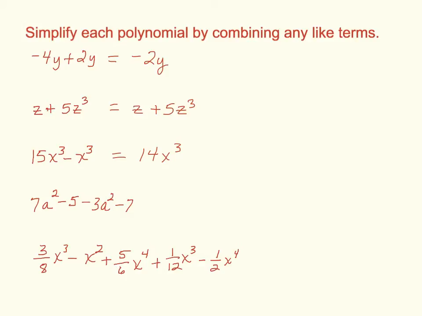We can combine the a squared terms and then the constant terms. So we have 7a squared minus 3a squared is 4a squared. Negative 5 minus 7 is minus 12. So we've combined the like terms. Here you can use your calculator to combine terms that have fractions in them.